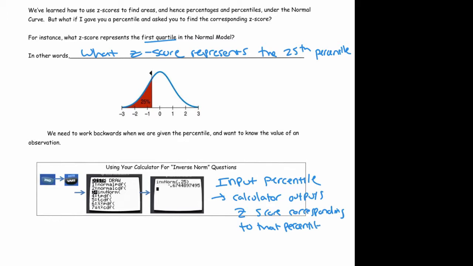Okay, so we're going to do an example in a second. Notice that it's a left-bias button, meaning that you have to punch in the percentage that goes with the area to the left of the z-score you're interested in. So if I asked what's the z-score that cuts off the top 75%, you can't put in inverse norm 0.75.